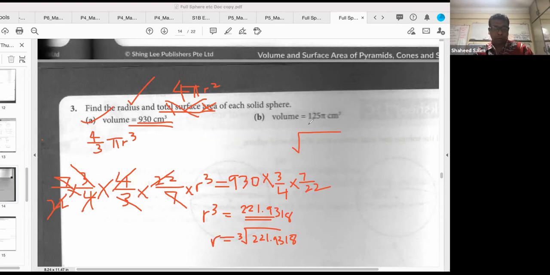Then you put in 221.9318 and you get 6.05, something like that. If you are confused how to do this, I will show you one of the days, but you are supposed to key it in inside your calculator.